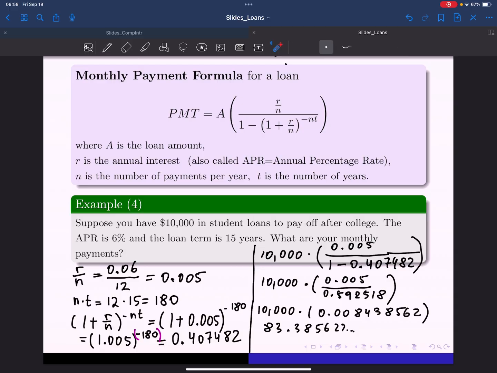To the nearest cent, the next digit is 5 or more, so we need to increase it. So the monthly payment is $83.39. This is for a $10,000 loan for 15 years.